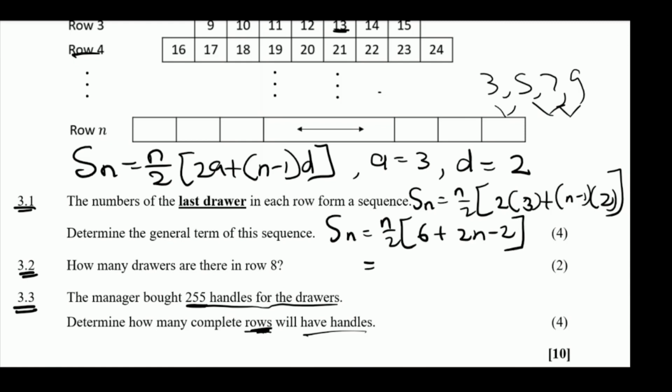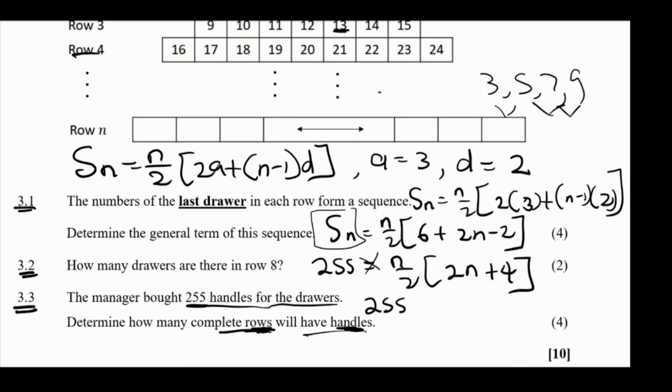We want the number of complete rows that will have handles, and the number of handles is 255, so the sum is 255, which equals n over 2 times (2n plus 4), right? Then we cross multiply, so 255 multiplied by 2 equals n times everything inside, which is 2n squared plus 4n.